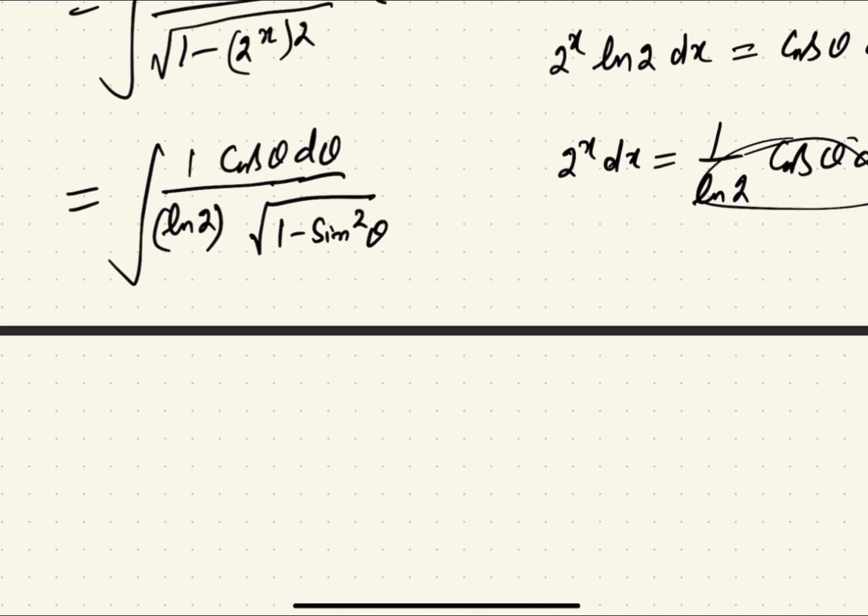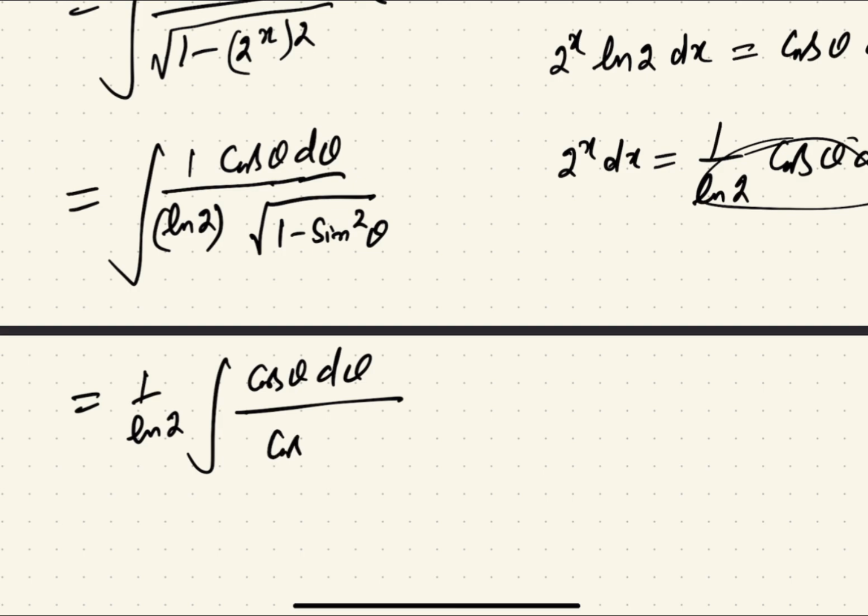This will be equal to 1 over ln 2 integral cosine theta over the square root of 1 minus sine square theta, that is cosine square theta under the square root. Okay, this will cancel with this, and you will be left only with cosine theta.